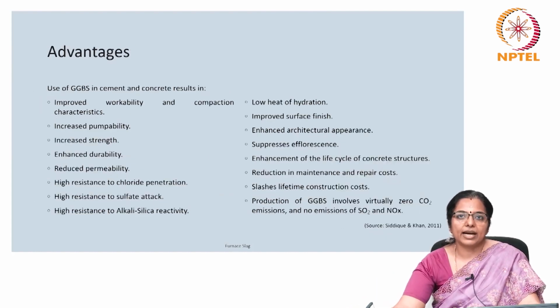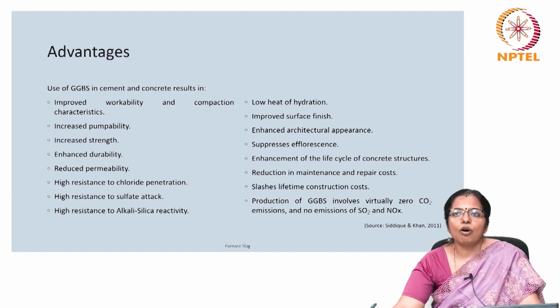Let us now look at the advantages of this material. The utilization of ground granulated blast furnace slag in cement and concrete offers a multitude of benefits. This includes improvement in workability and compaction, along with increased pumpability, increased strength.